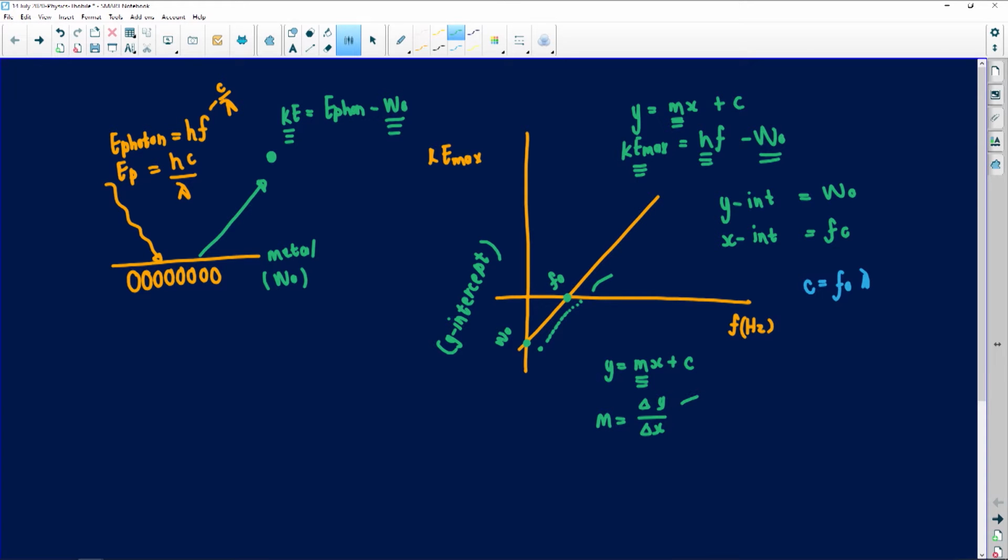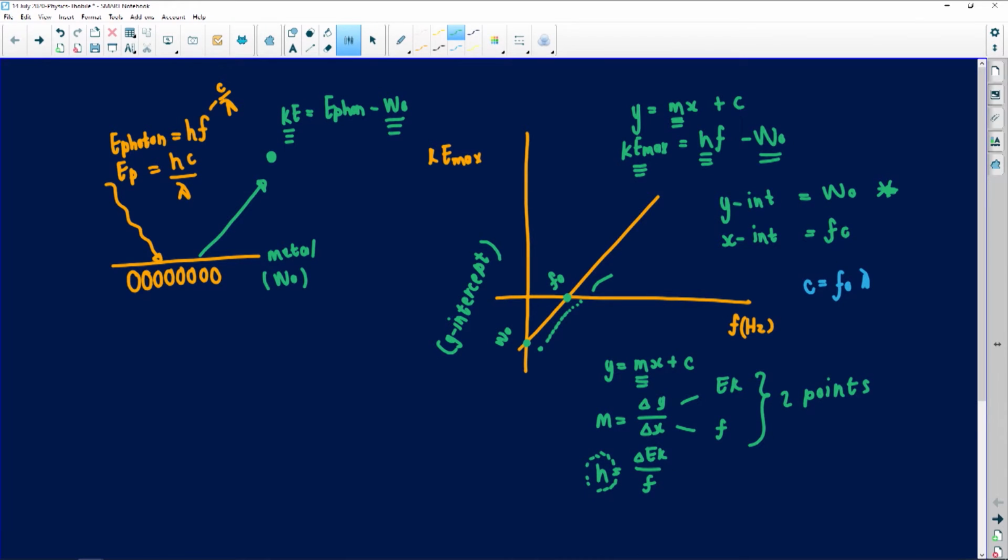Looking at this graph, my y is my EK, my kinetic energy, and my x is my frequency. Change in means 2 points, means I need to find 2 points that I need to work with. And then I can also add to say that my h is equal to delta EK over delta frequency. And that is then how you can find Planck's constant.